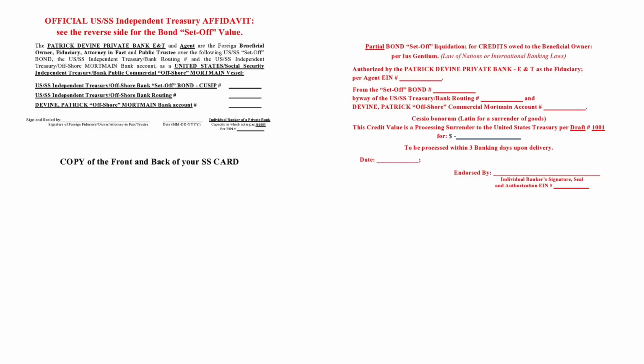And turn off all the other garbage out here from these other gurus. I don't want to see another damn document from any other nitwit out here, unless they're talking about having an individual banker's EIN and basically going after Social Security as being the bank and the Department of the Treasury. And basically that this is a Mortmain account.